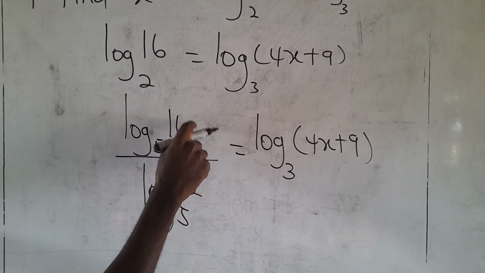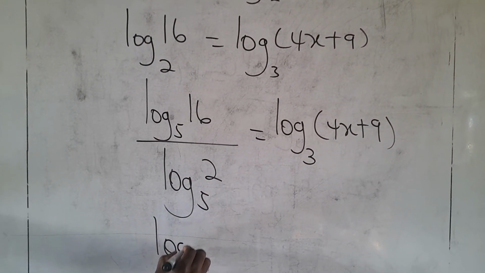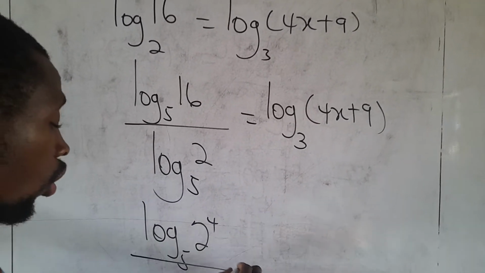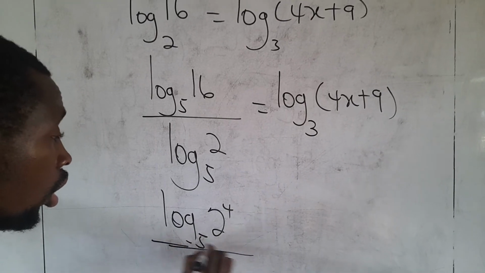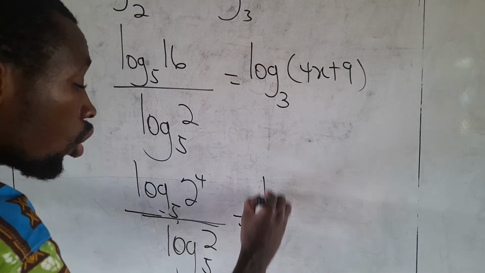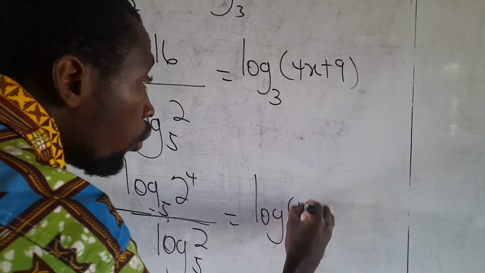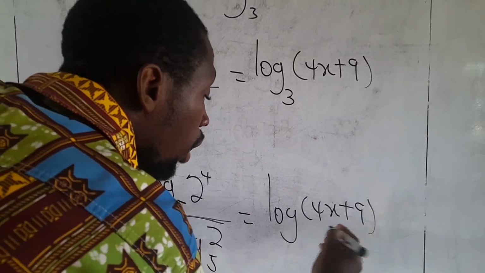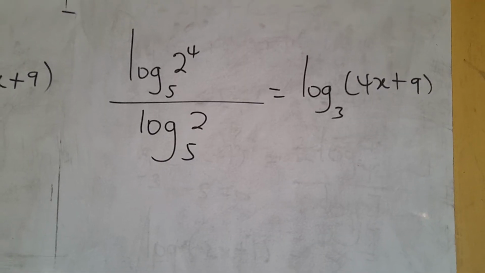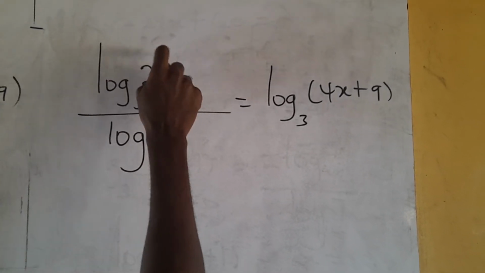So we can rewrite this as 2 exponent 4, which is 16, over log 2 base 5, equal to log 4x plus 9 base 3. So we apply the third law by dropping off this exponent.